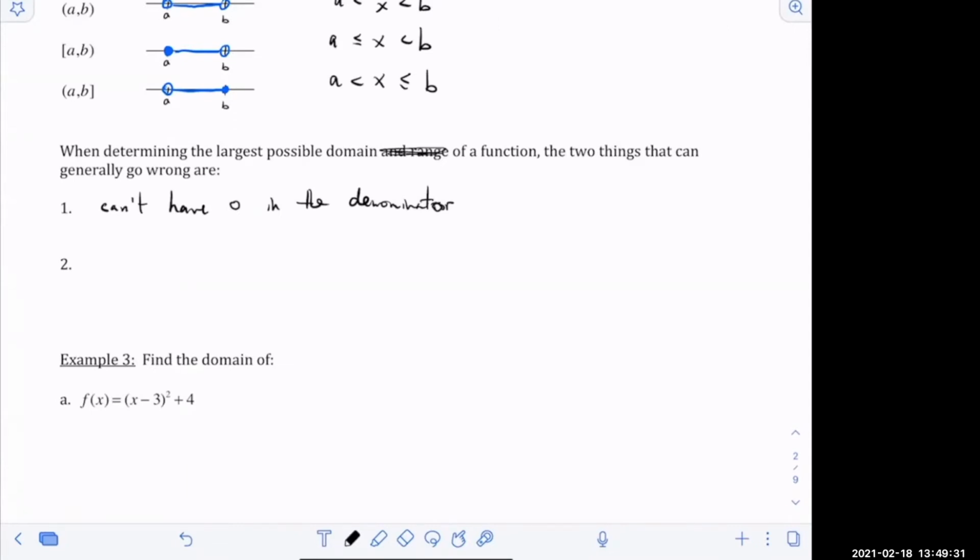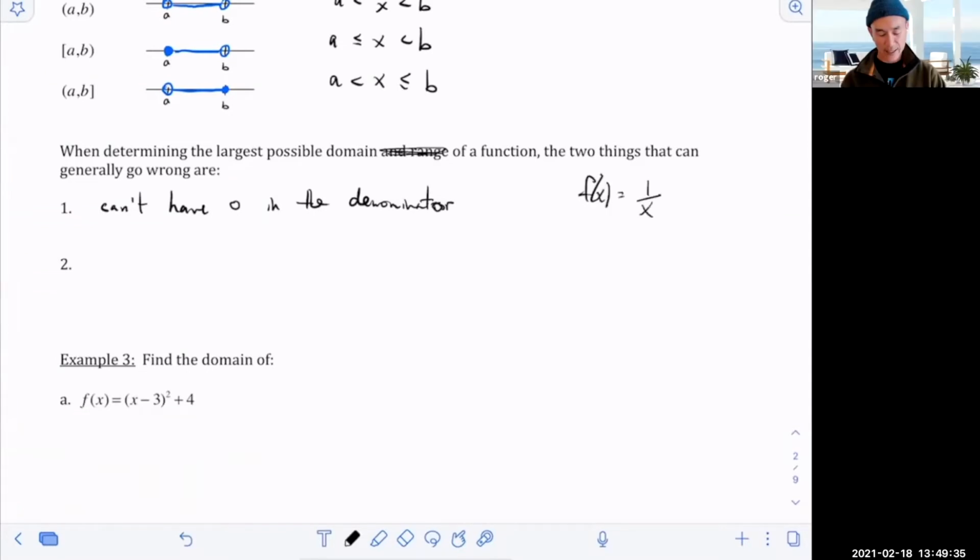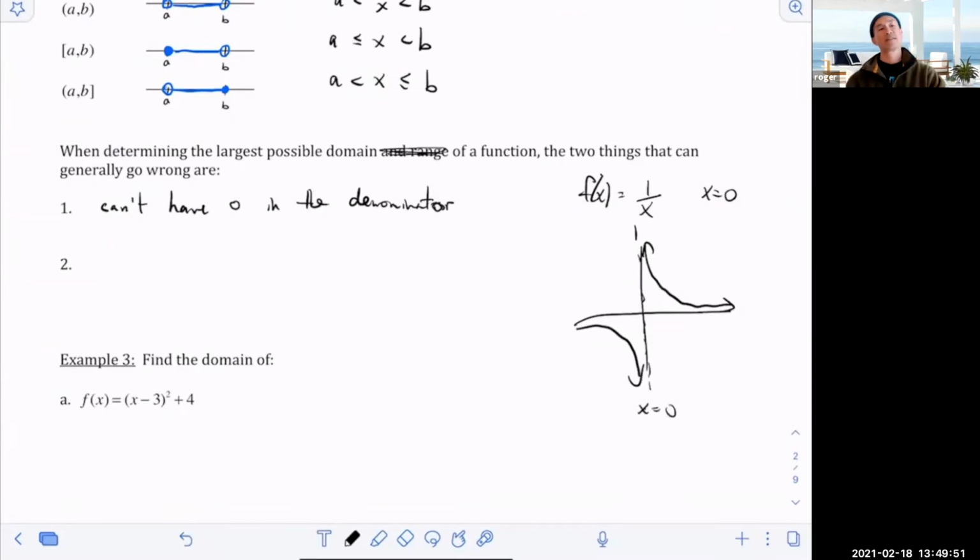If you have a function like f of x is equal to 1 over x, when x is equal to 0, you're going to have a 0 in the denominator. When you graph this, it looks like this, and you have an asymptote at x equal to 0. So you are correct, but we already talked about that.